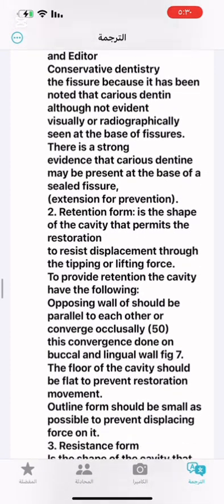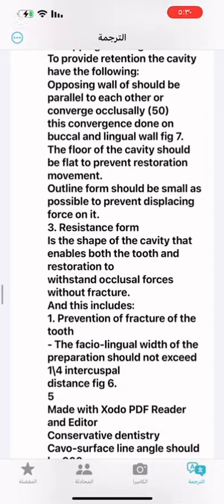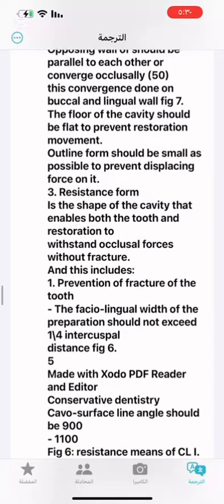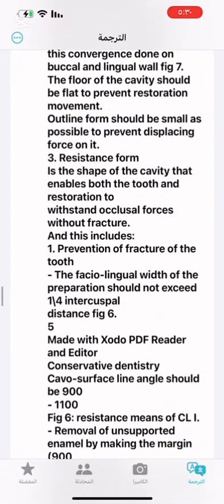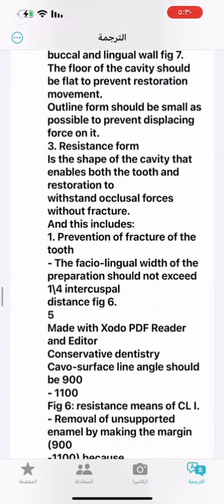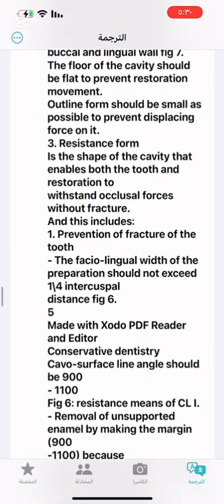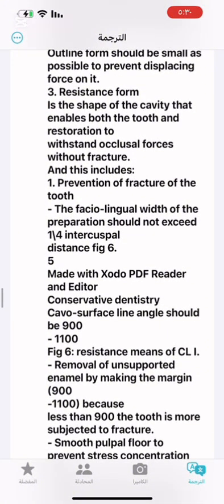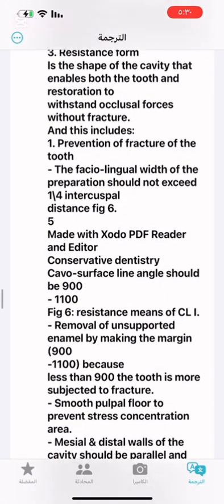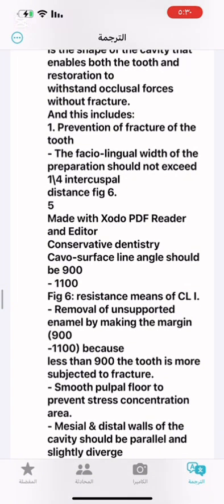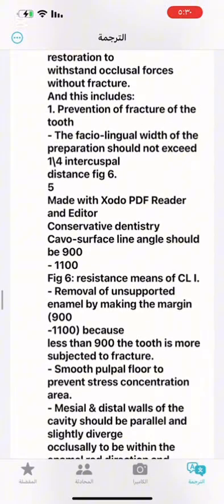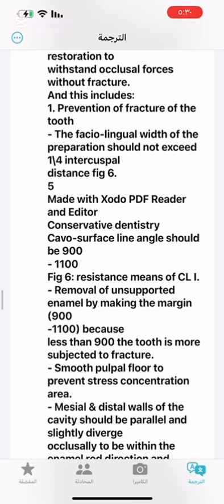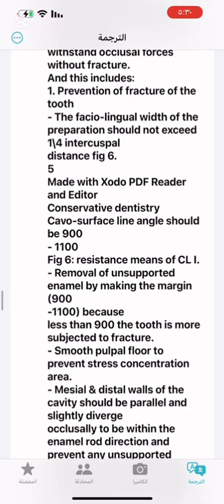3. Resistance form is the shape of the cavity that enables both the tooth and restoration to withstand occlusal forces without fracture, and this includes: 1. Prevention of fracture of the tooth. The facial-lingual width of the preparation should not exceed one quarter of the intercuspal distance, Fig 6.